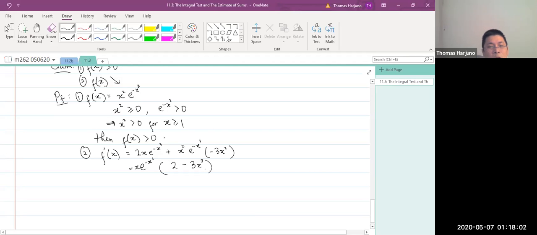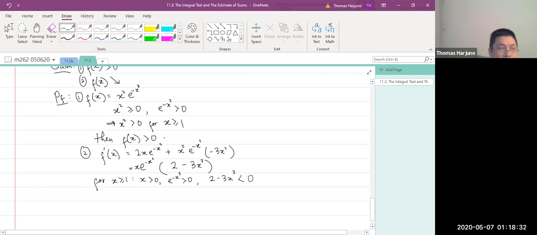Now notice that for x greater than or equal to 1, x is positive, e to the negative x cubed is also positive, and 2 minus 3x cubed will be negative.